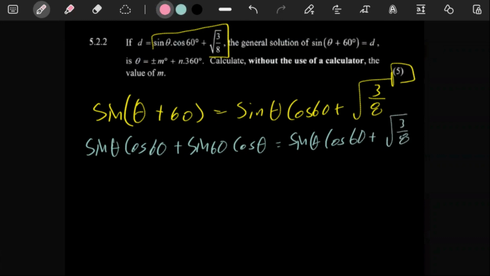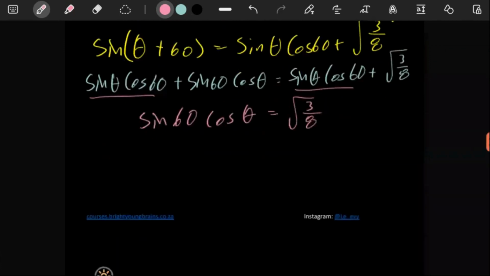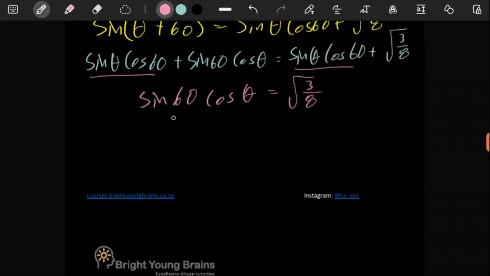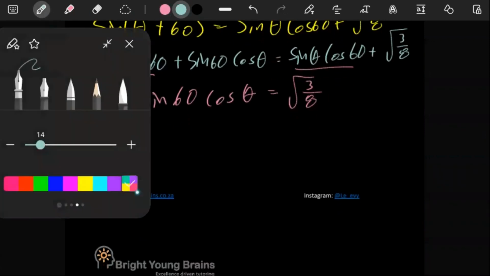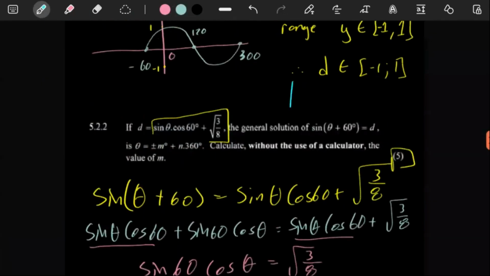So it looks like two things are going to cancel out, because this and this look exactly the same. If you take it to one side, you're going to have sine 60 cos theta equal to square root of 3 over 8. Okay, fine. For us to get any kind of general solution going, we have to get the sine 60 there.